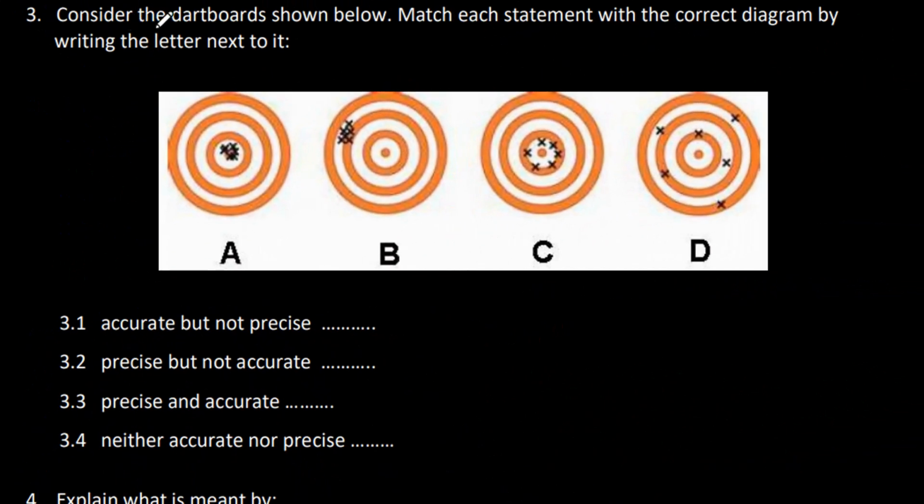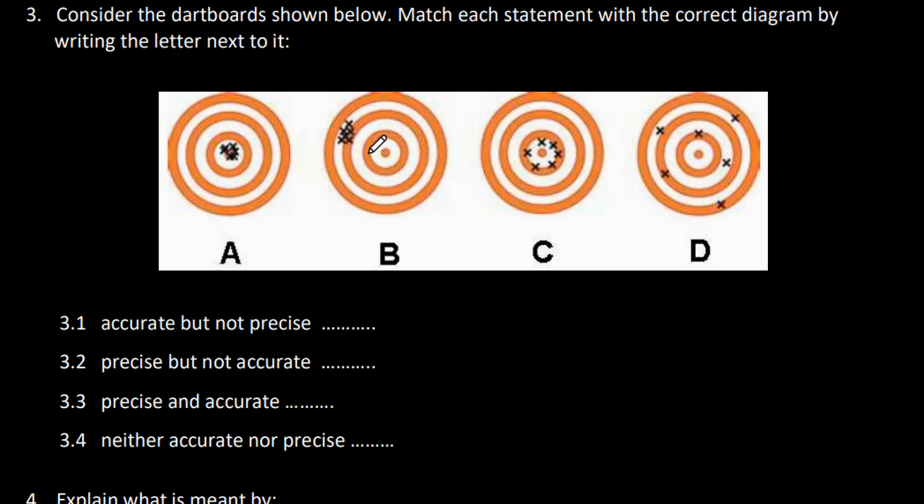In question 3 it says, consider the dartboards shown below. Match each of these statements with the correct diagram by writing the letter next to it. What's important to note here is that the bullseye or the center of the dartboard refers to the true value of a measurement.